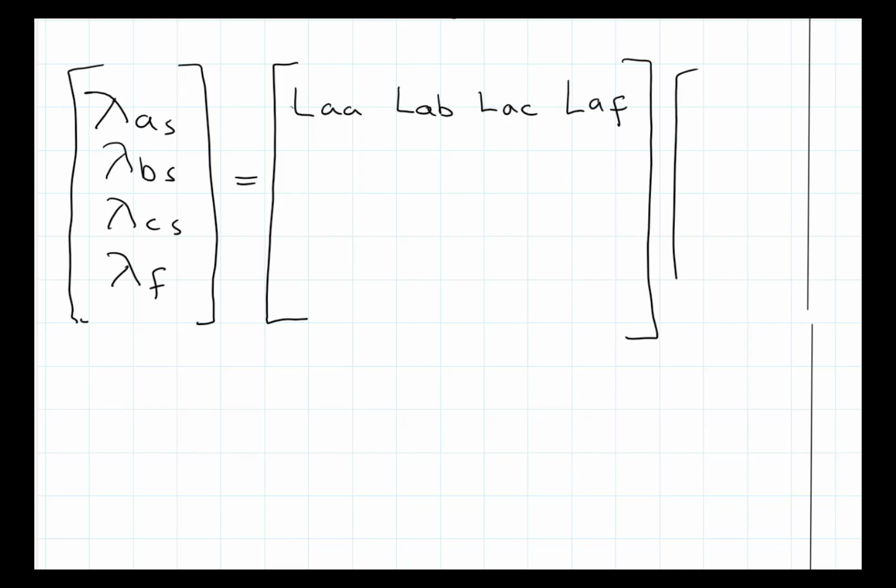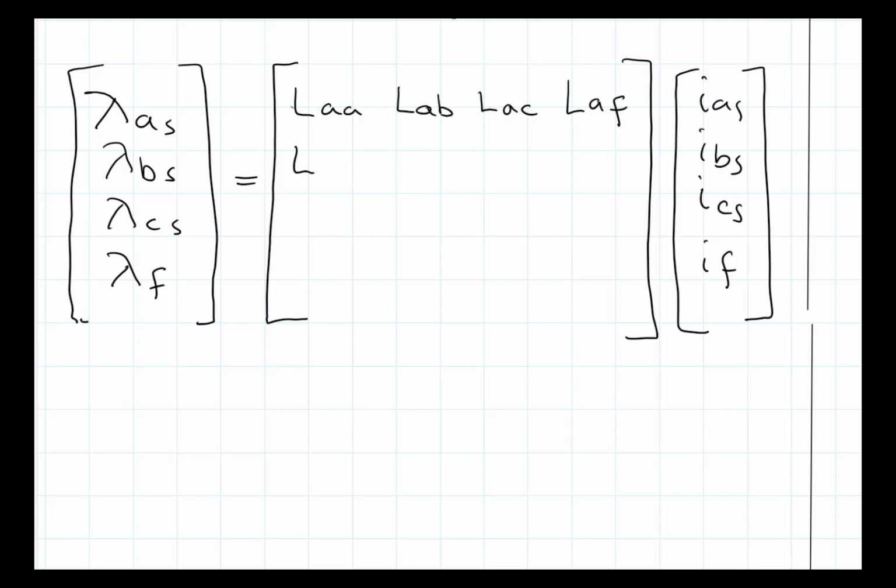And these multiply times the currents: IAS, IBS, these have AC content in them, ICS, and IF. So we have 4 flux linkages, 1 for each winding.